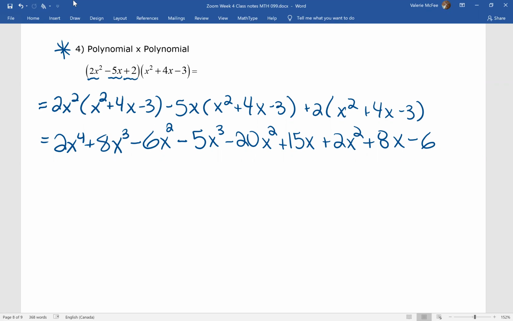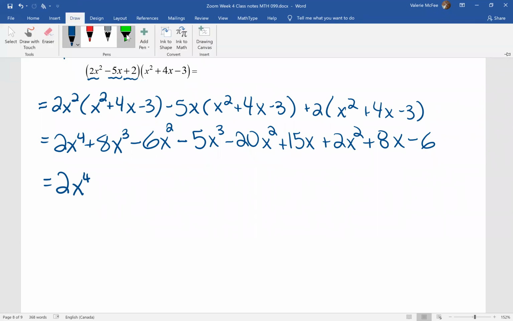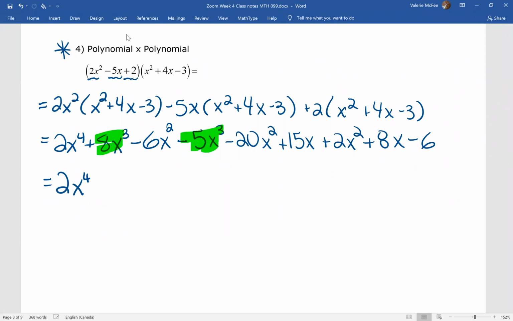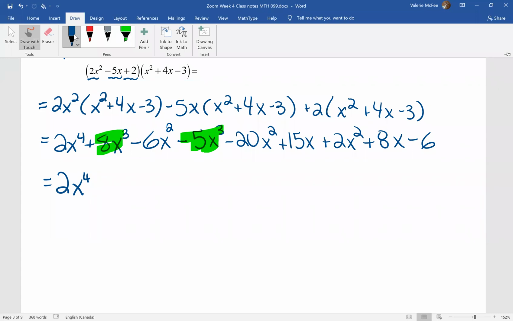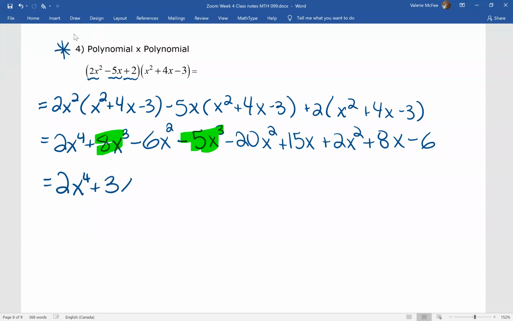Okay, let's see if I can combine like terms. I know there's only one x to the power of 4, but let me highlight all of my x cubeds. So 8x cubed minus 5x cubed plus 3x cubed.